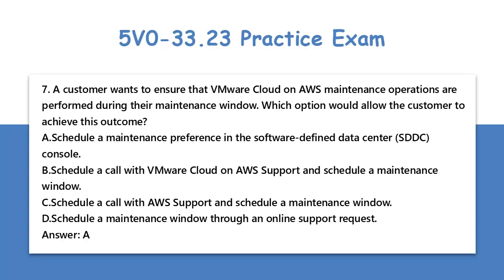B. Schedule a call with VMware Cloud on AWS support and schedule a maintenance window. C. Schedule a call with AWS support and schedule a maintenance window. D. Schedule a maintenance window through an online support request. Answer: A.